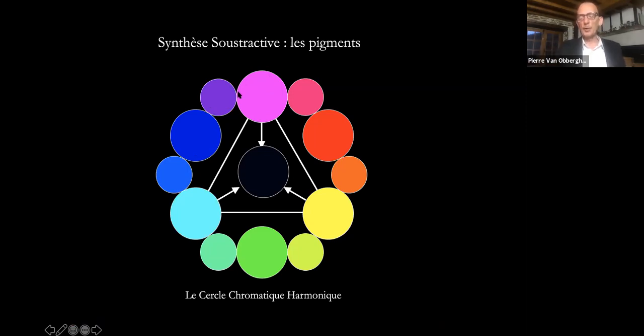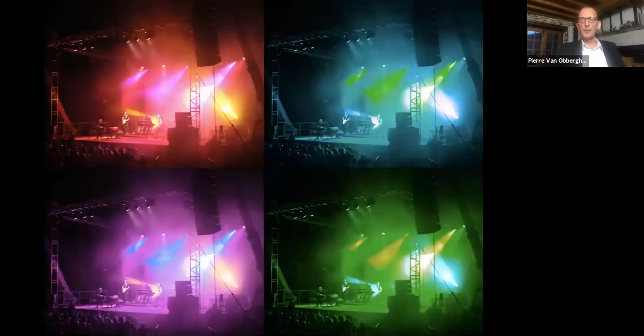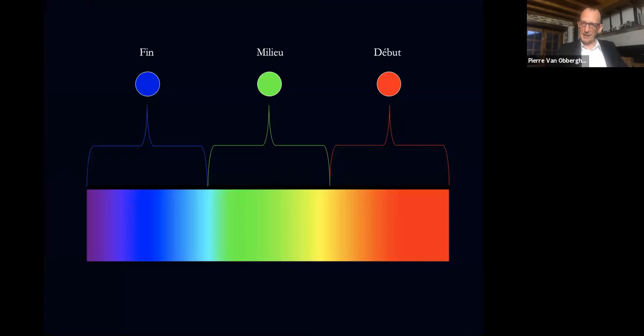So this is for the primary colors of painting, but we are working here with the colors of light. That means we are mixing light, we are not mixing paint. And if you mix light, you also have three primary colors, but they are very different from the primary colors of paint.